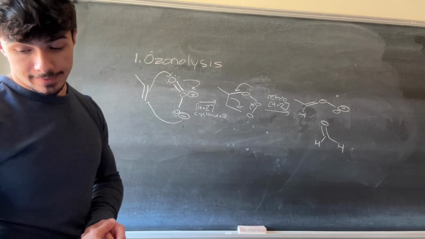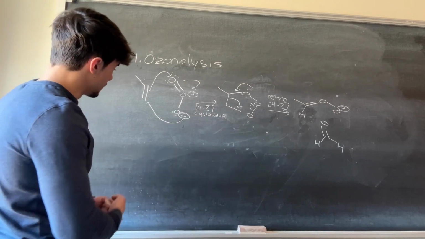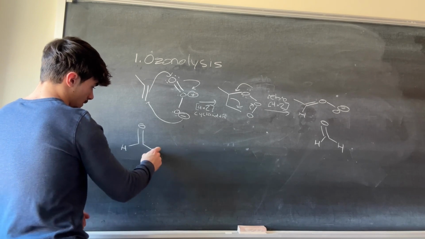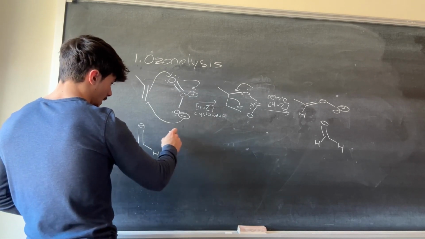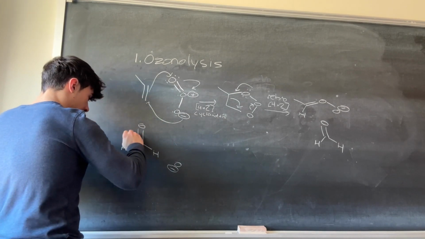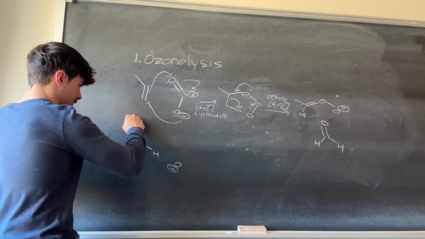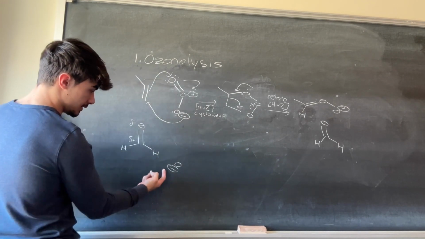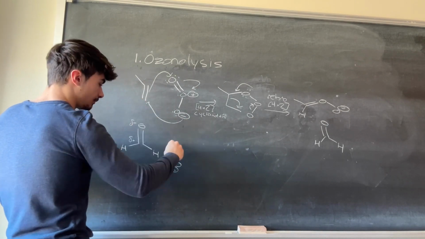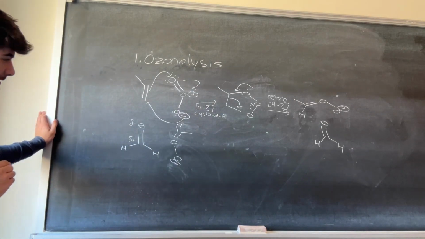But we're not actually done once we get to that point, because these will further react. Remember, this will have a partial positive charge down here on the carbon, and partial negative on the oxygen, so this negative charge is going to want to be facing down. That's more like it.